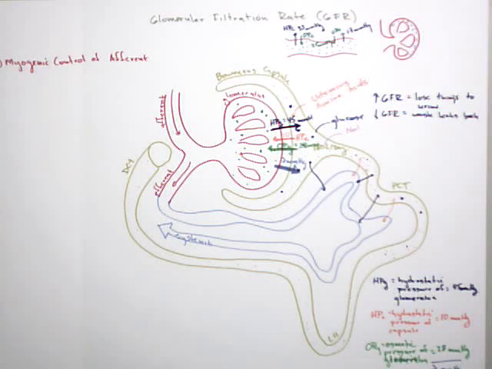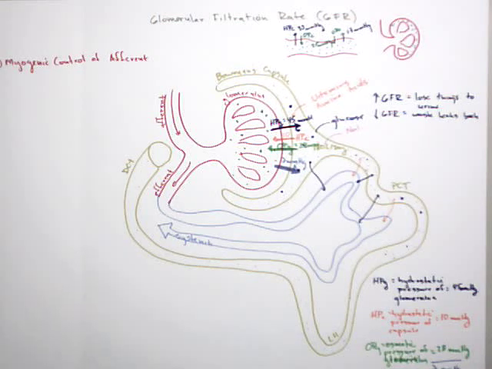In the case of myogenic control, if blood pressure were to decrease, then we'd want to actually open up that blood vessel to maintain flow. You need more room to make sure that the blood keeps flowing.